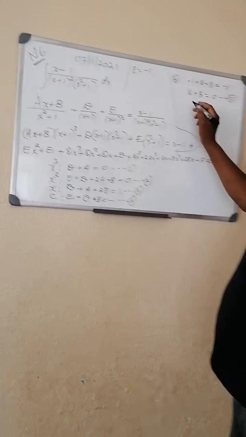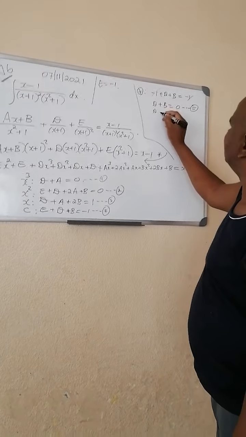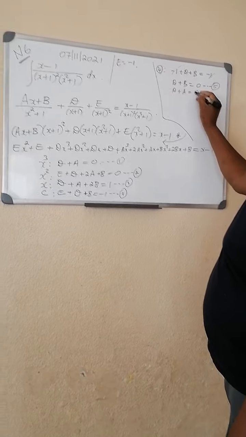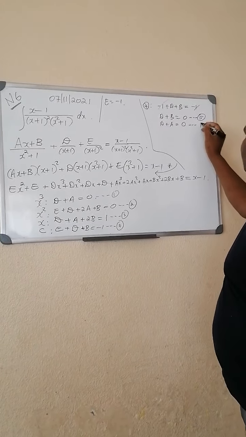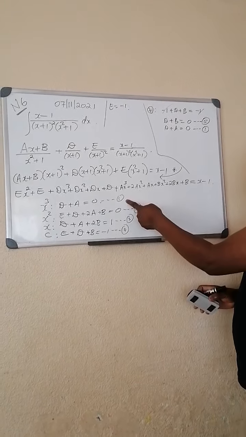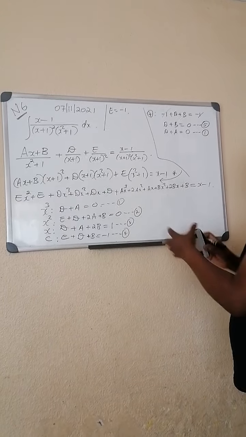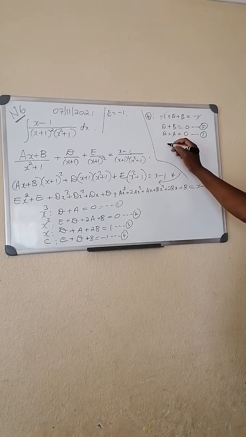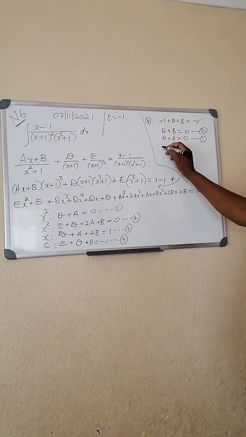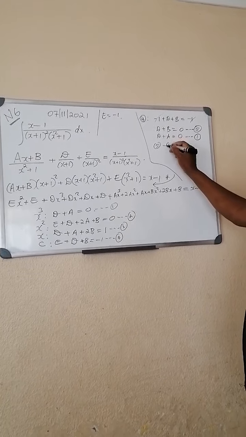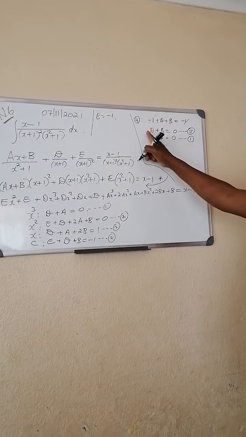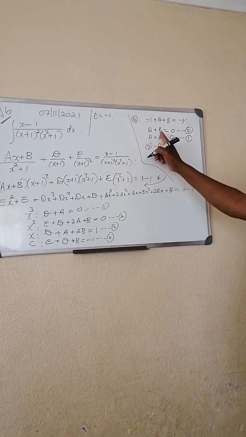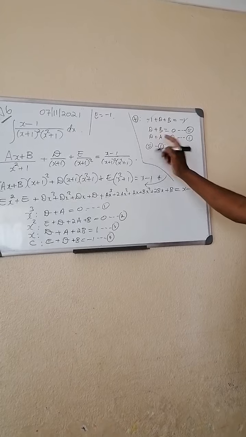Now I can take d plus a equals 0, which is equation 1, and try to relate this. If I say equation 5 minus 1, what do I have? I've got d minus d, 0. I've got b minus a.